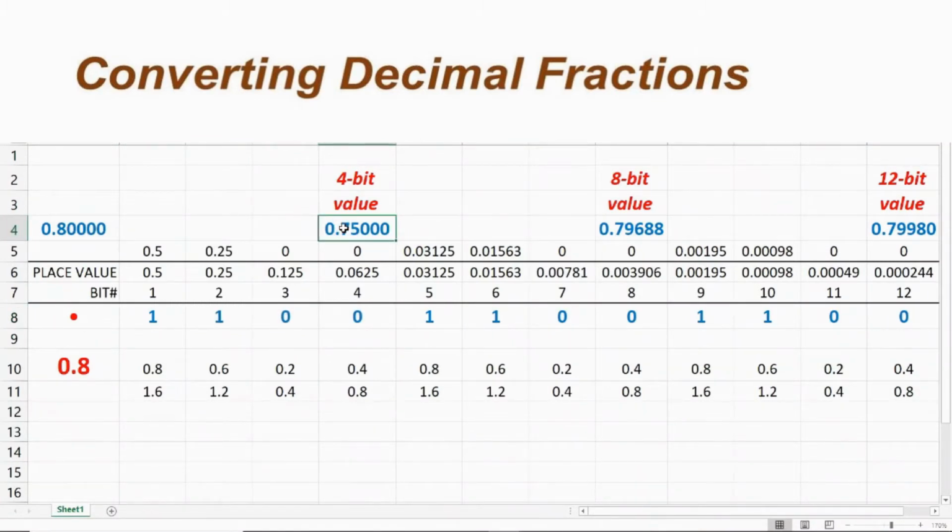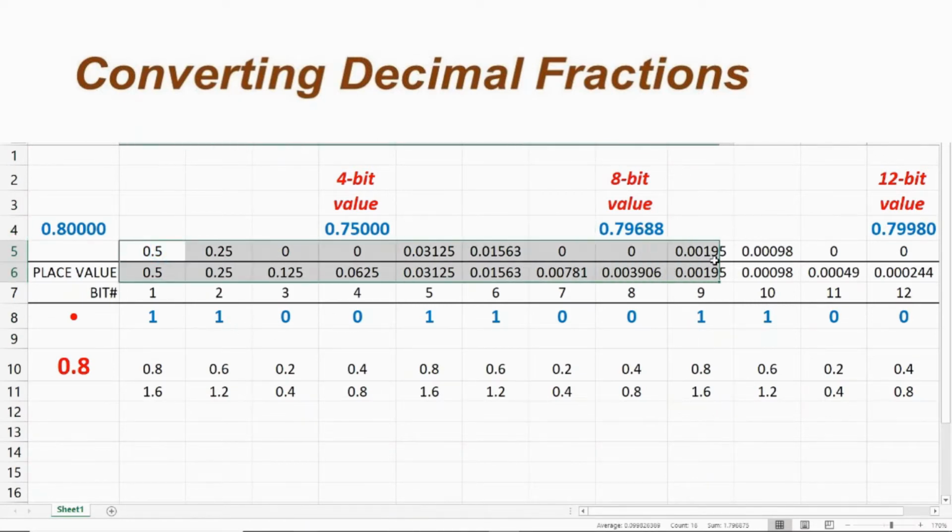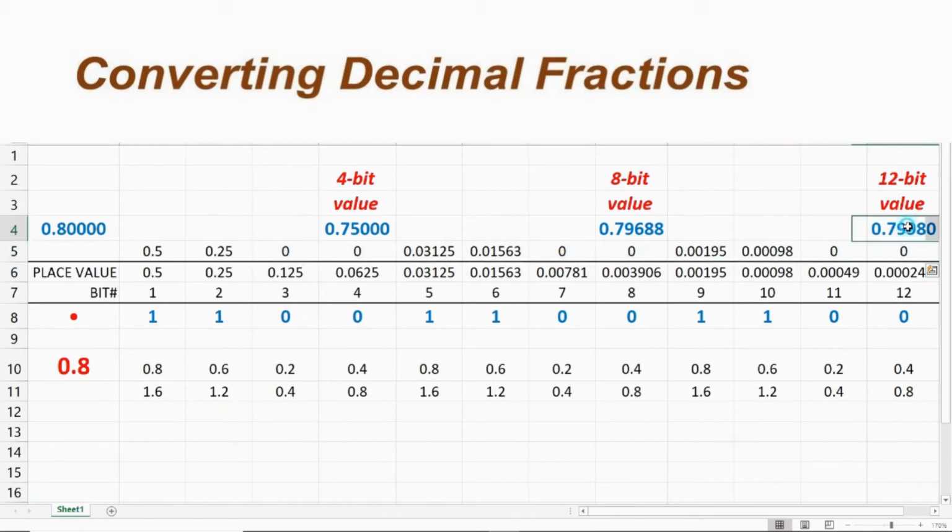This is the 4-bit value. If I take the sum of the first 8 bits up to here, this represents a value of 0.79688. Our original number was 0.8. So it comes a bit closer to 0.8, but it's still not there. If I take the sum of the first 12 bits, we get 0.79980, which comes a little closer to 0.8.